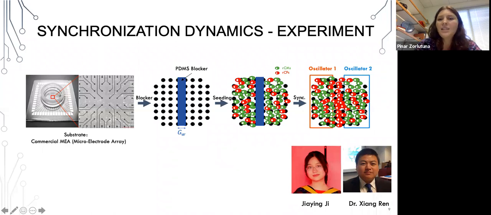The cardiac cells are non-proliferative and mostly non-migratory, so they stay put in the initial areas we assigned for them, and the fibroblasts, being proliferative and migratory, fill in the gap and form the bridge.